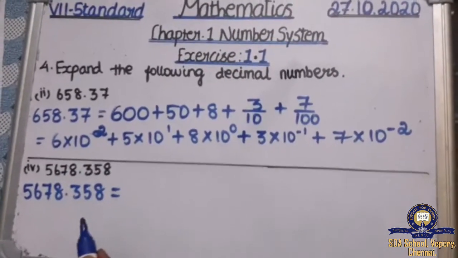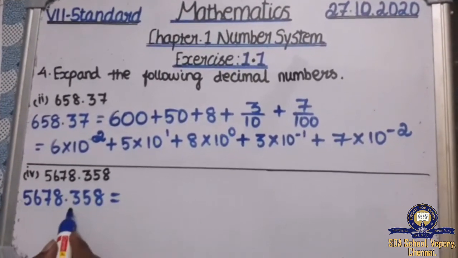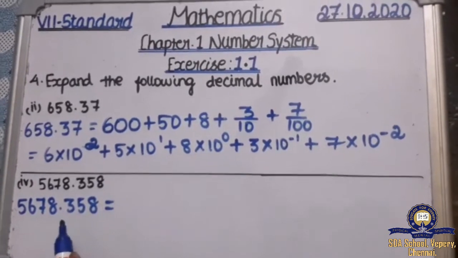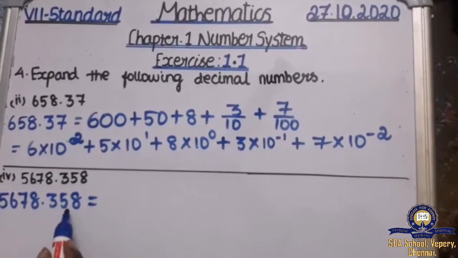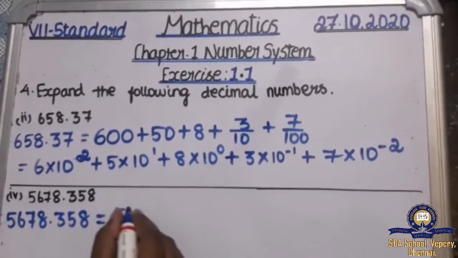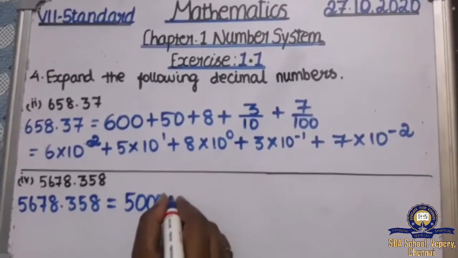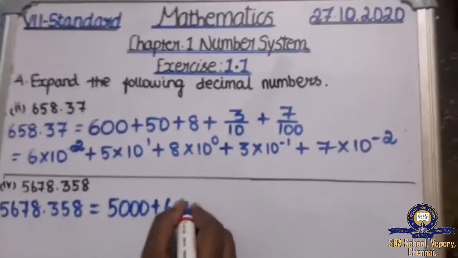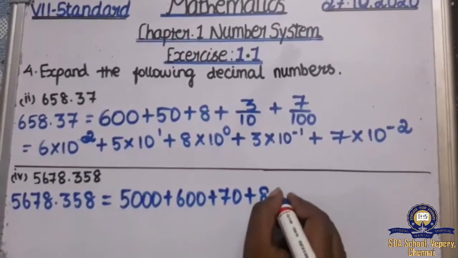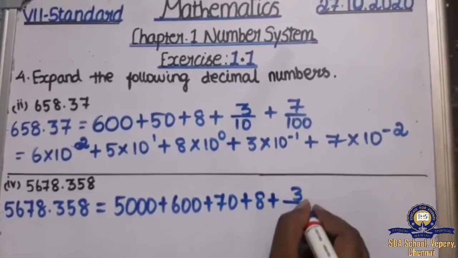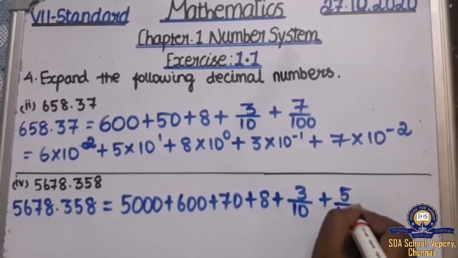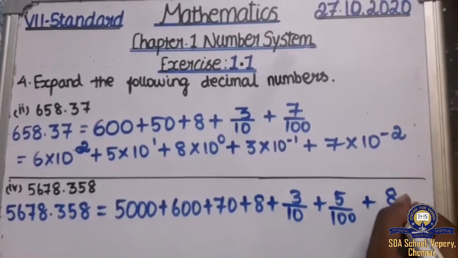Like this, after the decimal point, 3 is in the 10th place, 5 is in the 100th place, 8 is in the 1000th place. Okay. So we can say it as 5000 plus 600 plus 70 plus 8 plus 3 by 10 plus 5 by 100 plus 8 by 1000.